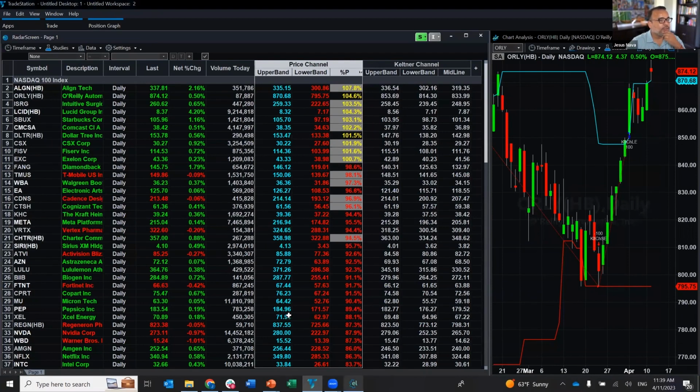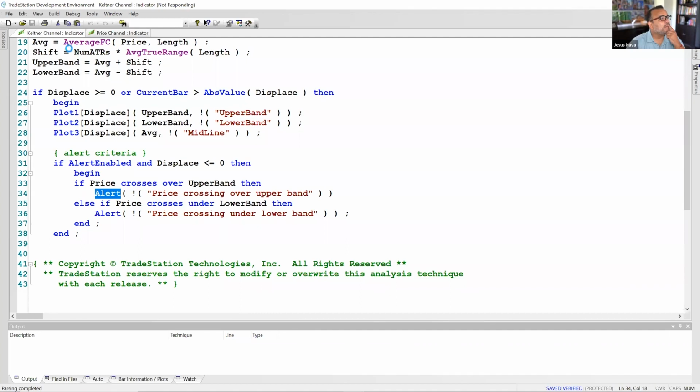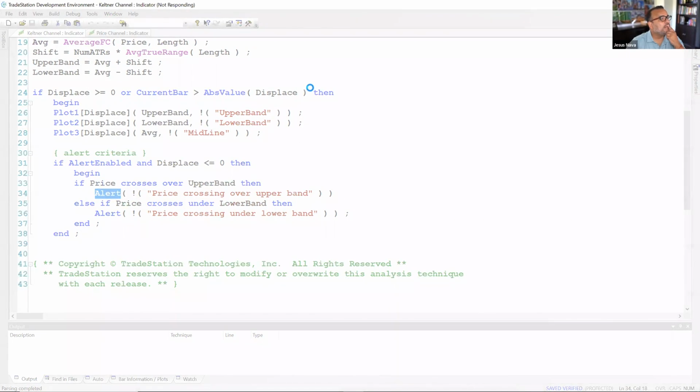Let's see what happened here. Okay. It's just that my EasyLanguage was not responding and I think it just froze. So let's give it a second to see if it comes back to us.